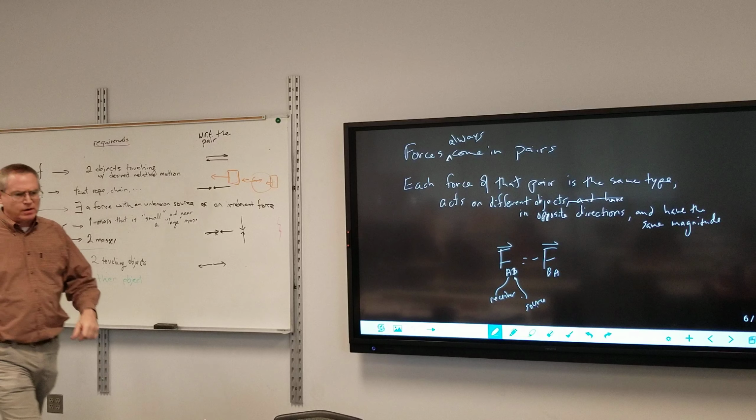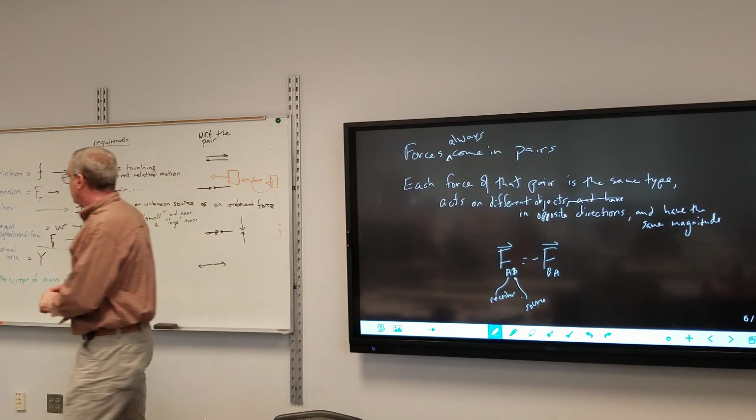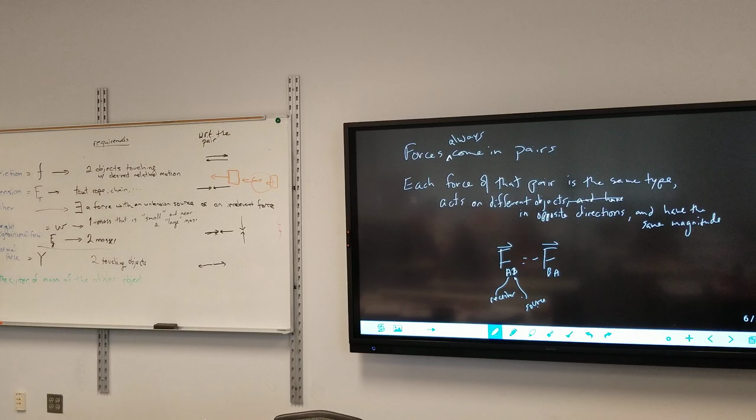Let's see if I can darken that up some. And this is perpendicular to the surfaces of contact. What does it say for friction? For friction, parallel to surfaces of contact.